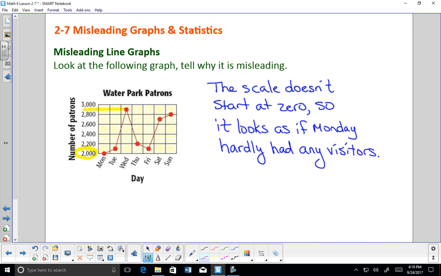So that's one way in which graphs can be misleading. You always want to make sure that you look at the scale and say, did they start it at 0? No, they didn't. So in this case, it makes it very misleading.